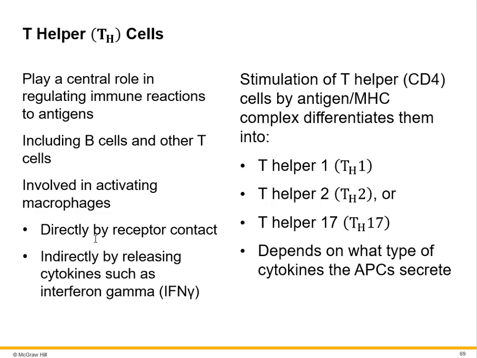They do that by direct receptor contact and also indirectly using different cytokines. So there's a couple of major types, the T helper 1, T helper 2, T helper 17, and some others. The follicular helper is also a CD4. That's a type of T helper.